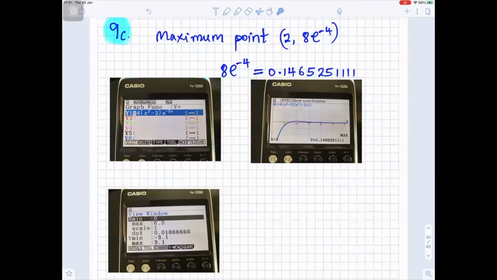So for 9c, if you put that in your graphics calculator and use this on the view window, it will show this graph to you, where when x is 2, you get this point which is equivalent to that. If you put this in your calculator, 8e to the minus 4 is 0.146, which is the same there when x is 2. So you can use your calculator to check if it's correct.